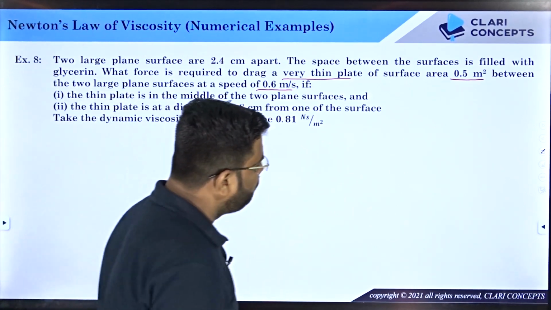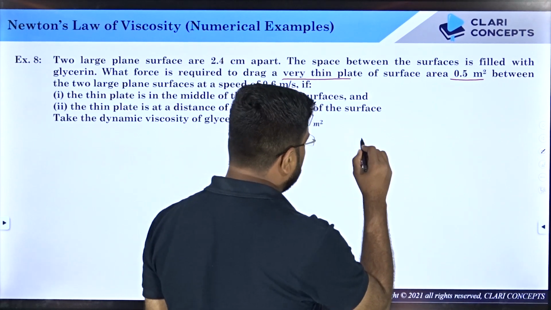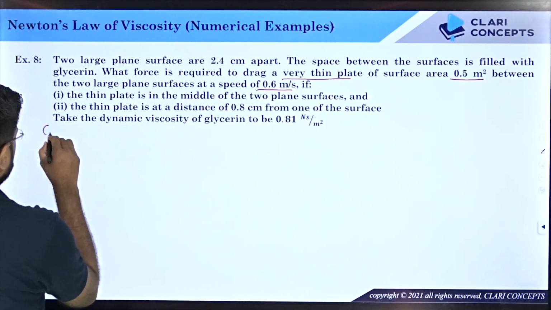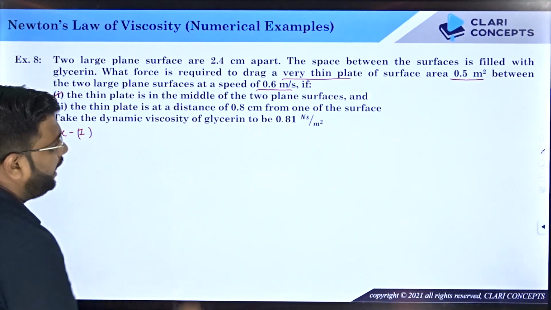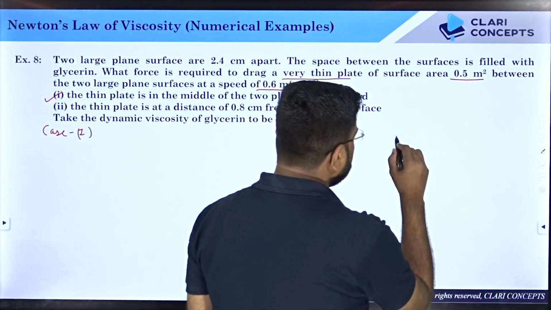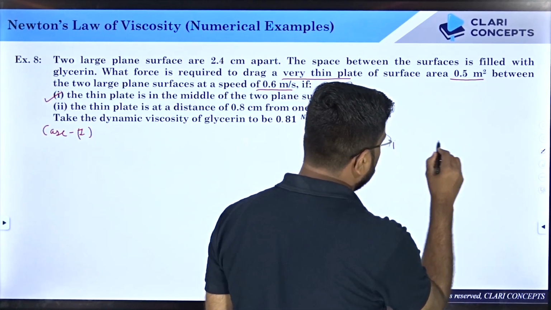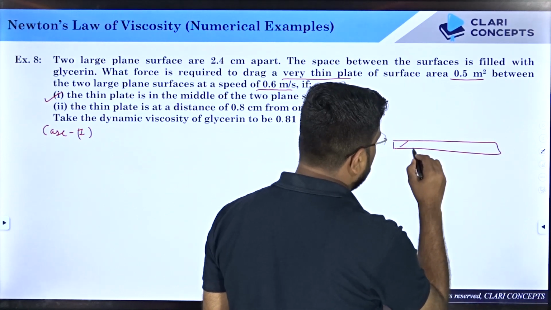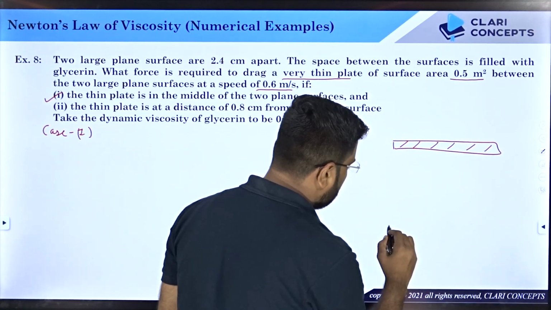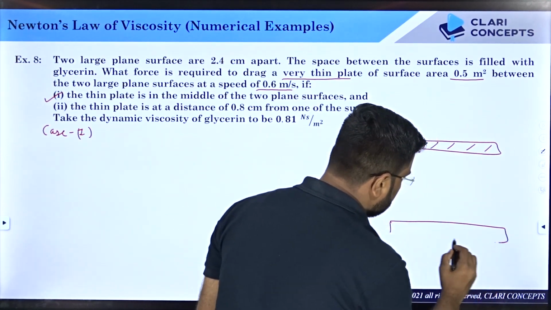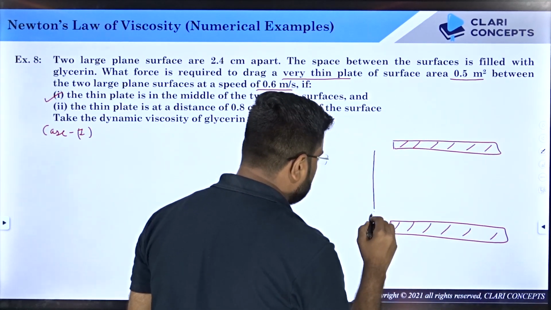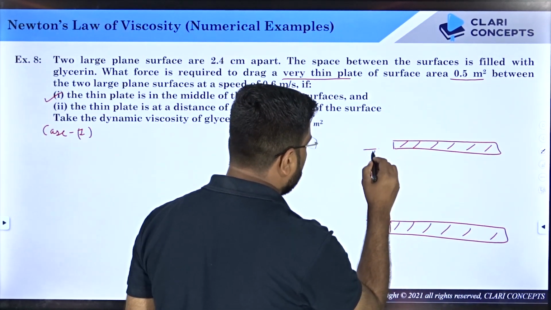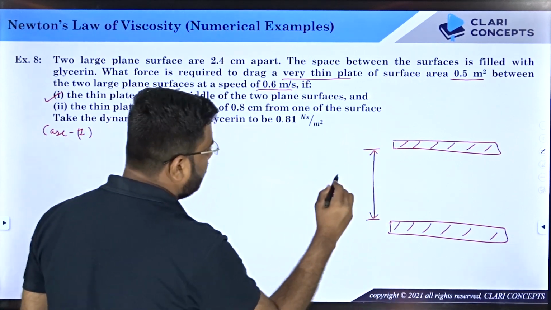First, let me draw the diagram. Taking case 1, where the thin plate is in the middle of the two surfaces, suppose I have two large surfaces, surface 1 and surface 2, separated by a distance of 2.4 centimeter.